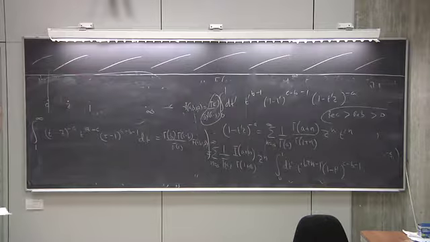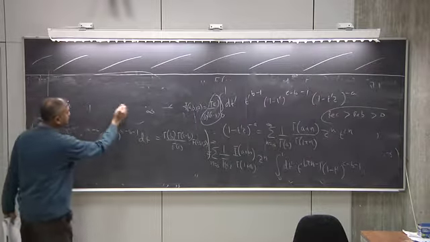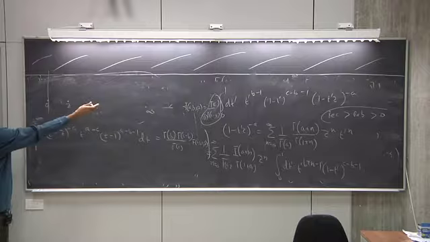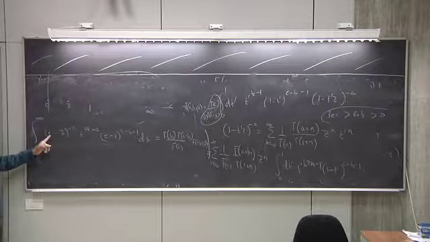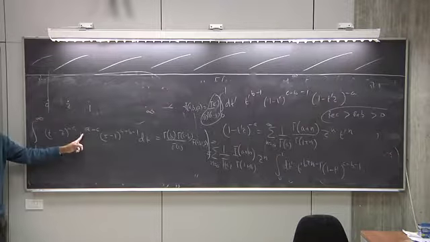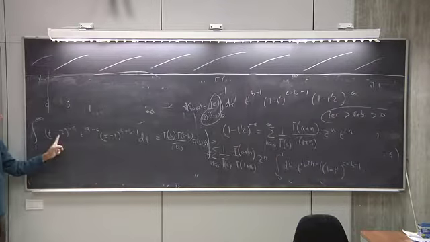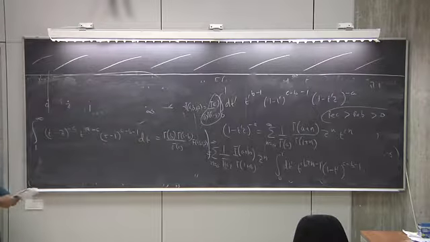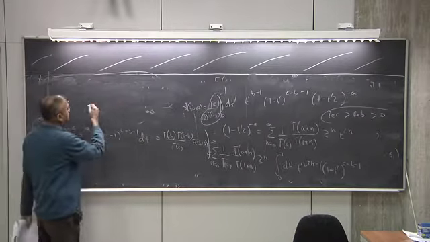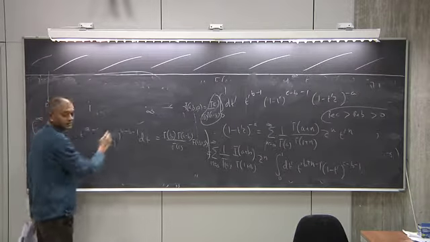But this contour was between here and here. We have 4 singular points: as a function of t, the singularities are at t equal to 0, t equal to 1, t equal to z, and t equal to infinity. Here I just picked 2 singular points and did the integral from 1 to infinity.